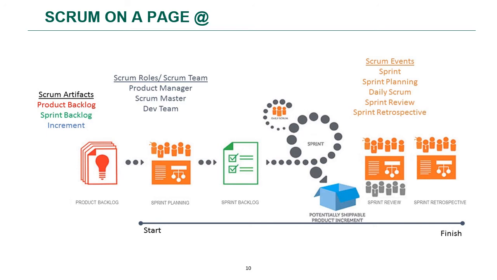Alright, so you have a sprint which is a potentially shippable product increment, and you have the daily scrum meeting, which is an event that happens on a daily basis. Once your sprint is done, you have a sprint review meeting with all the stakeholders, and the retrospective is to inspect what went well in the sprint, what didn't go well, and what improvements we could come up with for the further sprints. So this is Scrum in a nutshell.